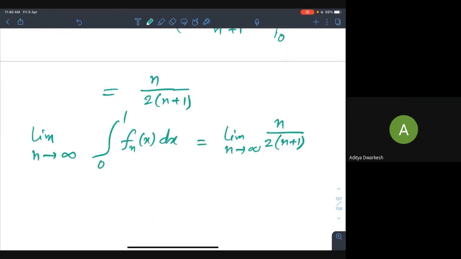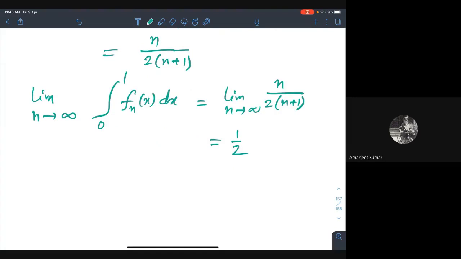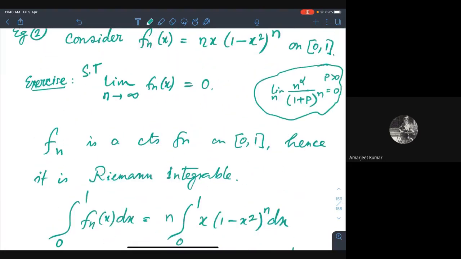What is the limit here? 1/2. 1 by 2, right? And the integral of f(x) dx, what is f? So this is f(x). Let me find this.